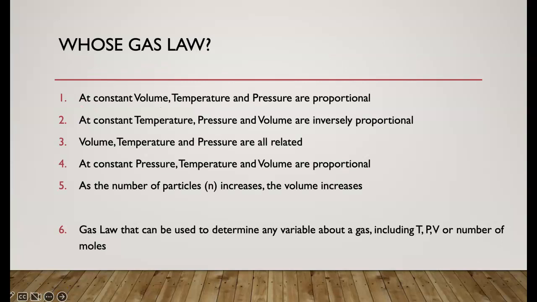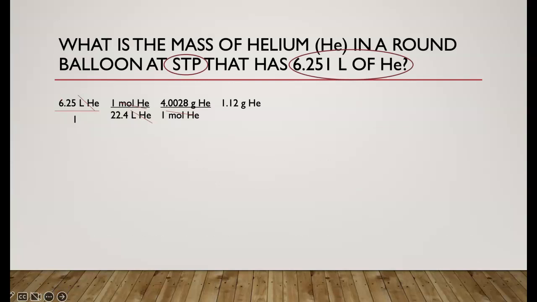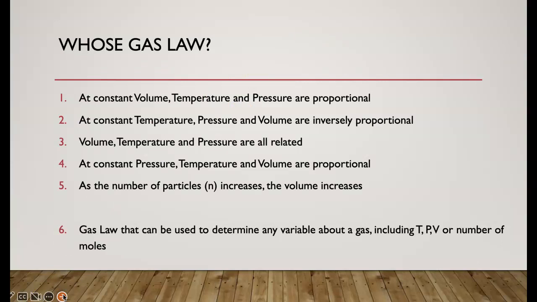And so you came up with 1.12 grams of helium. You could have probably kept that with 4 significant figures, because now that I'm taking a look at this, I see I have 4 significant figures here, and I should have kept that at 4 significant figures.